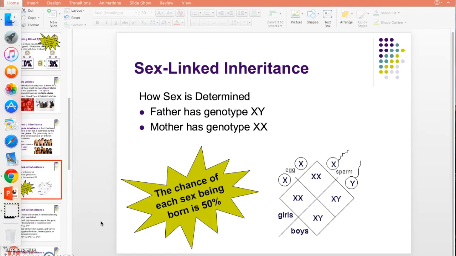And every time fertilization occurs, there is a 50% chance of that child being a boy or a girl. The XY chromosome means it will be a male, and the XX chromosome means it will be a female.